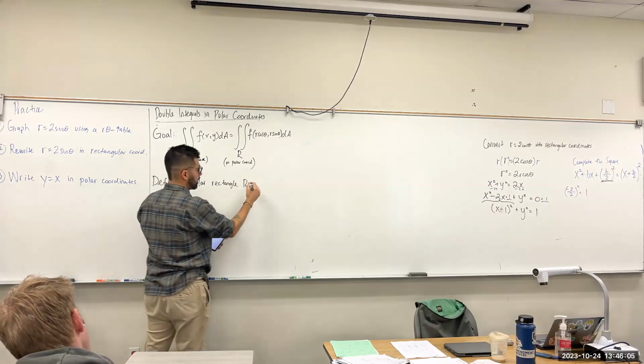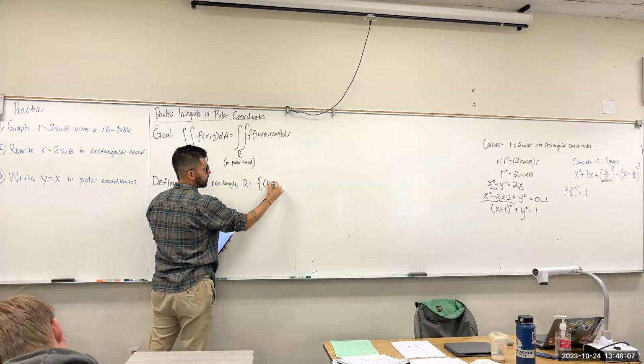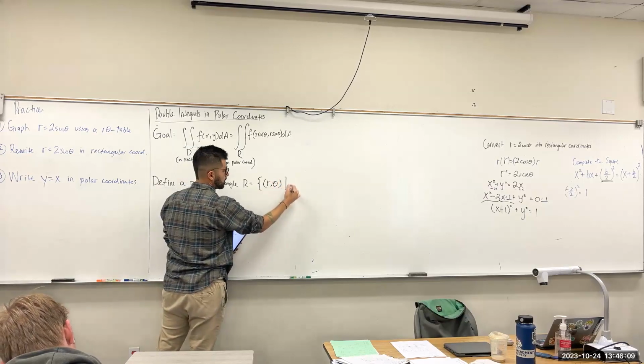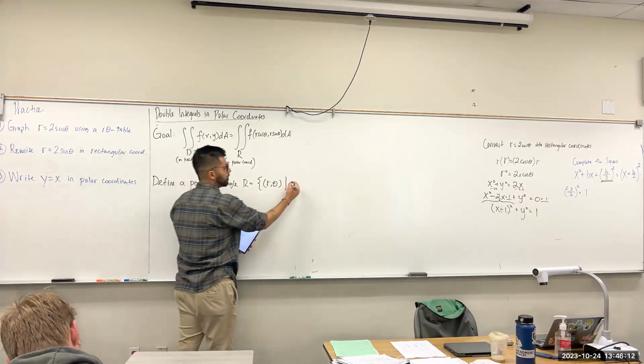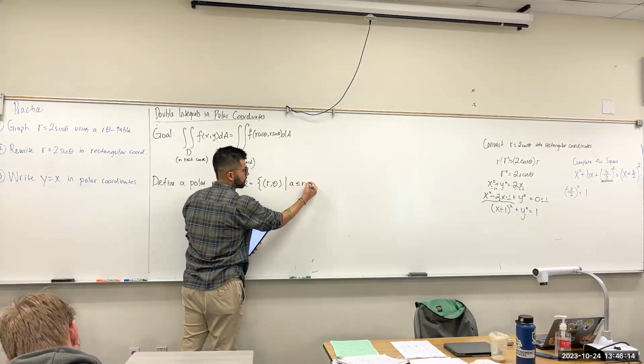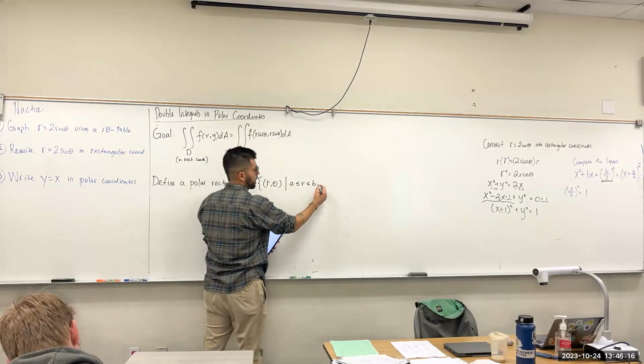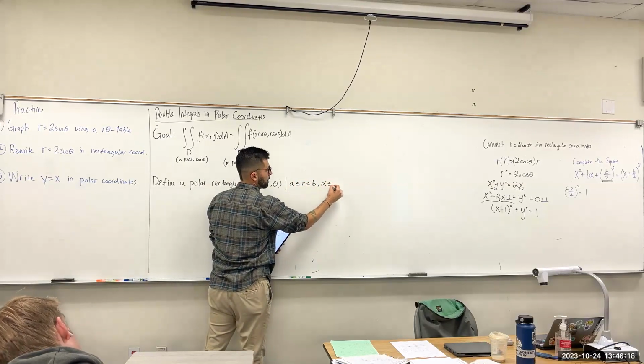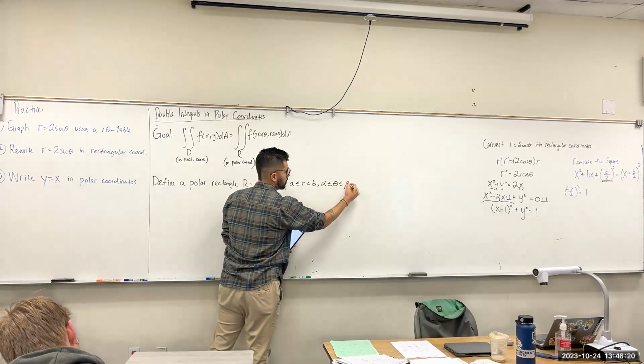R is going to contain polar points R comma theta, where R will vary from A to B, and theta is going to vary from alpha to beta.